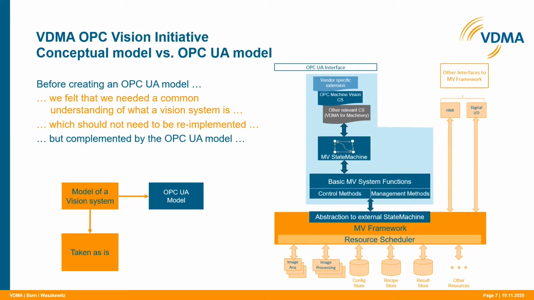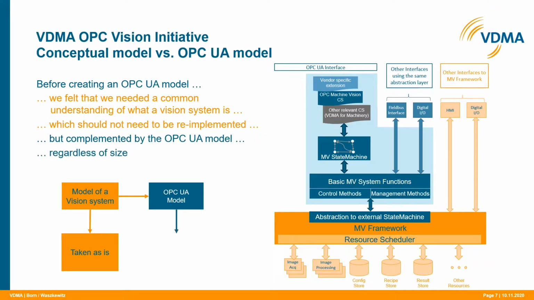In addition, there are methods defined to manage results, configurations, and recipes of the system. All clients, those shown here as well as additional ones, can use this abstraction to monitor and possibly control the machine vision system. Most of this functionality is optional in the specification to allow scaling to systems which may not have the resources or the necessity for this amount of flexibility.